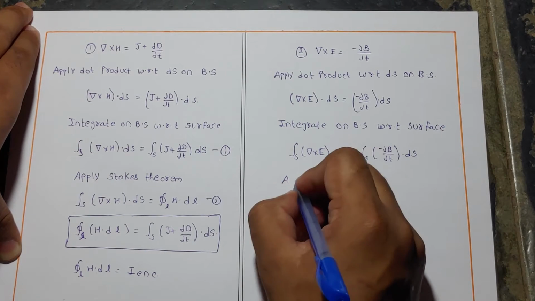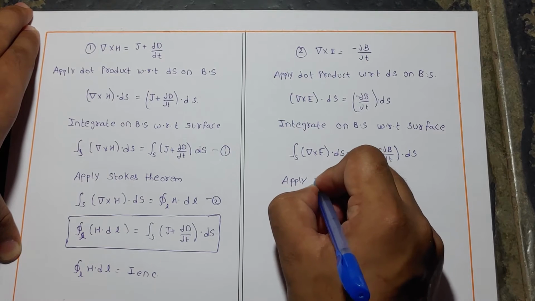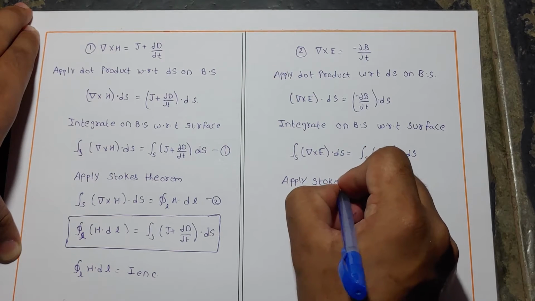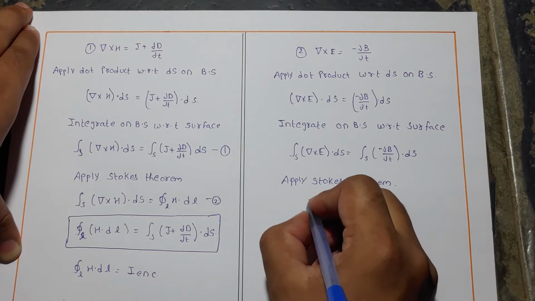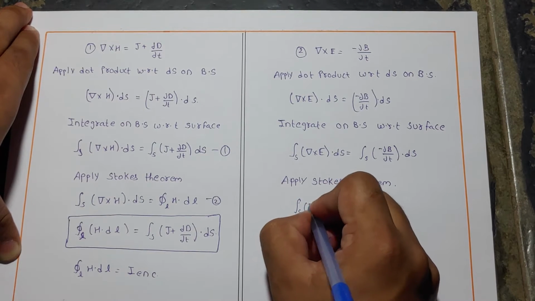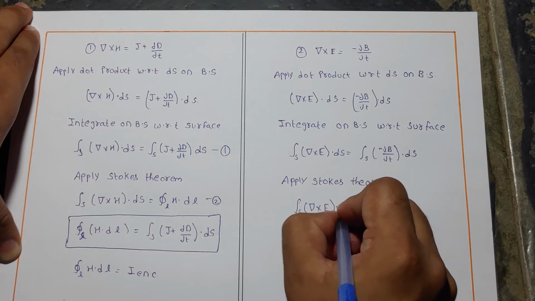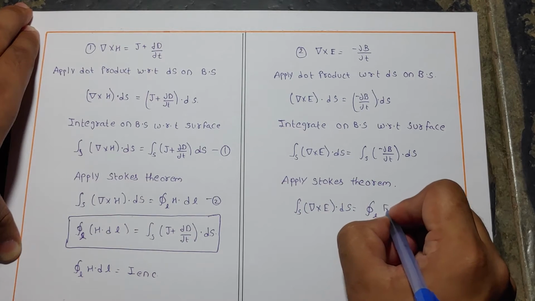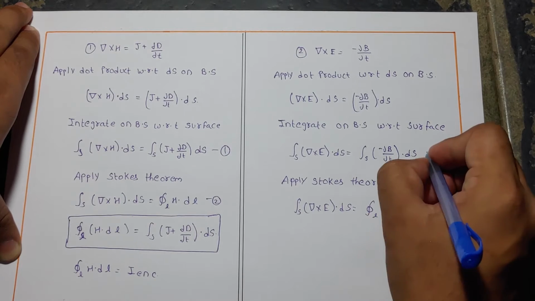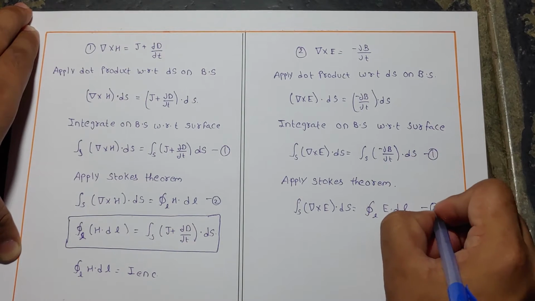As this is in the form of Stokes theorem, apply Stokes theorem, that is surface integral of del cross E dot ds is equal to closed line integral of E dot dl. This is equation 1 and this is equation 2.